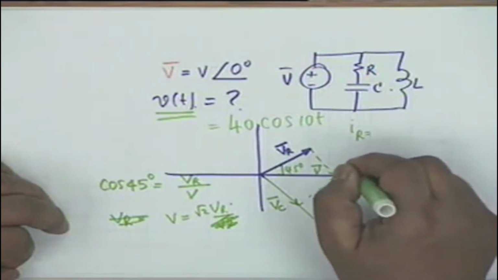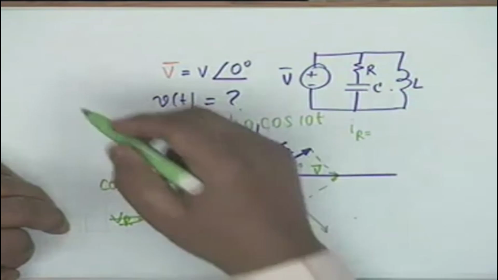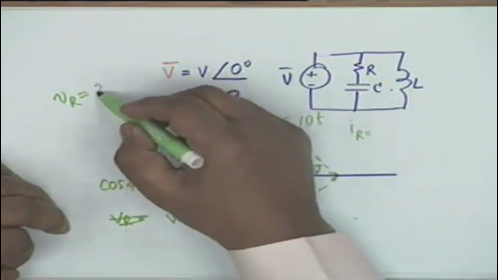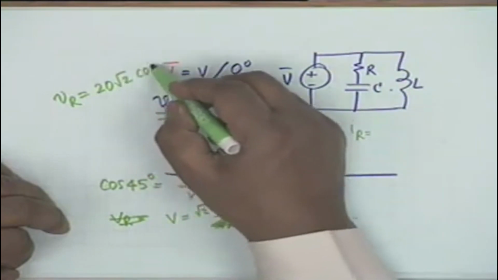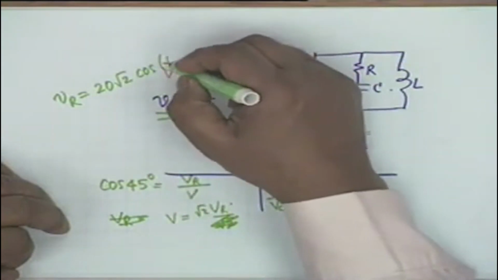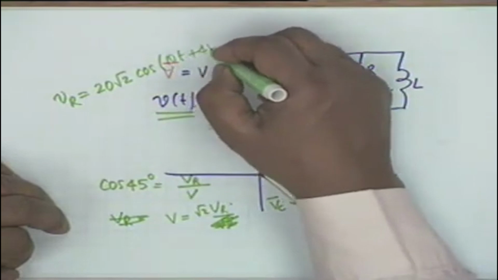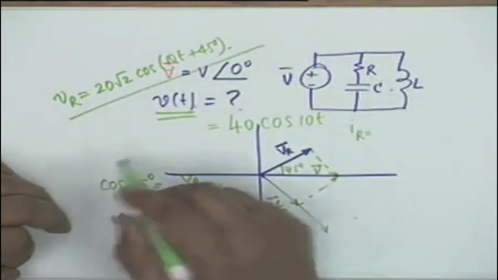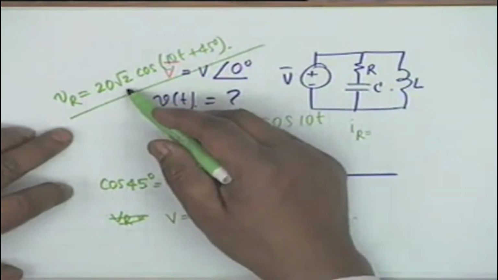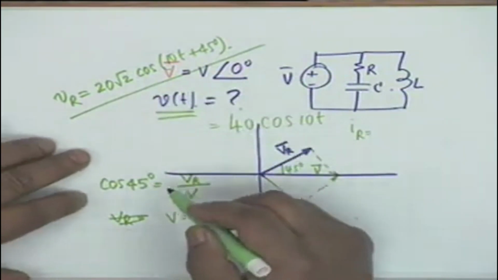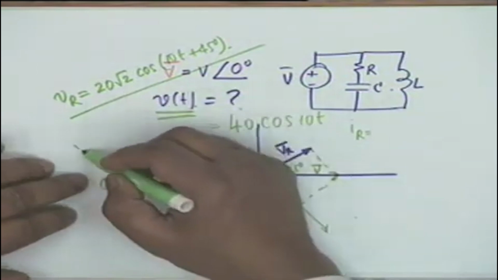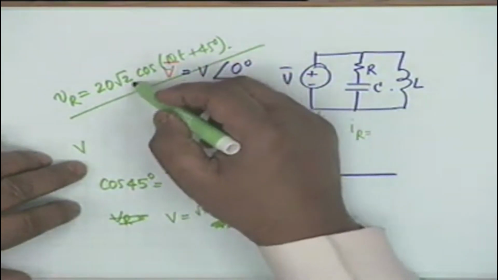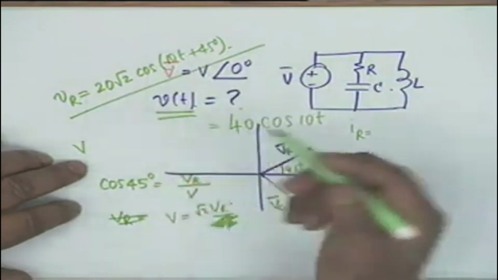Because small vR was 20 root 2 cosine of 10t plus 45. The magnitude of the phasor V is root 2 times VR. So root 2 times this will be 20 root 2 multiplied by root 2, which is 40. And the angle is 0, so it simply ends at cosine 10t.